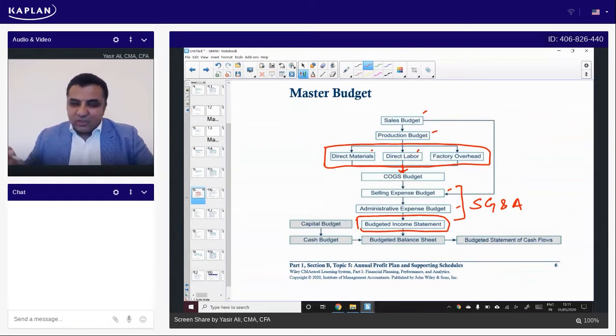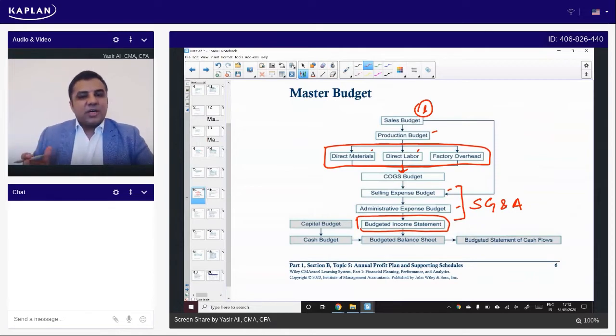We will see this is the end of operating budgets. So the operating budget starts with the sales budget, and it finishes with the budgeted income statement.